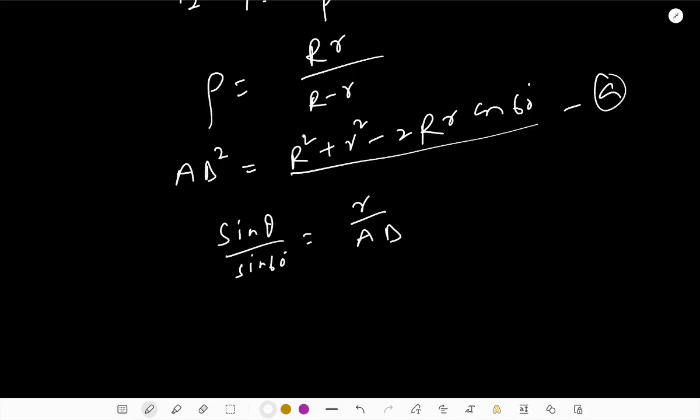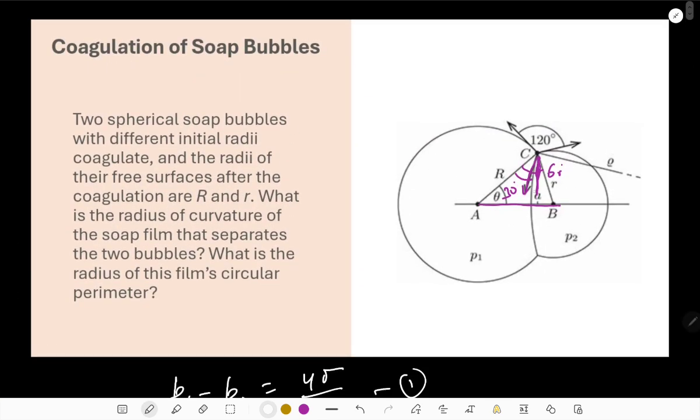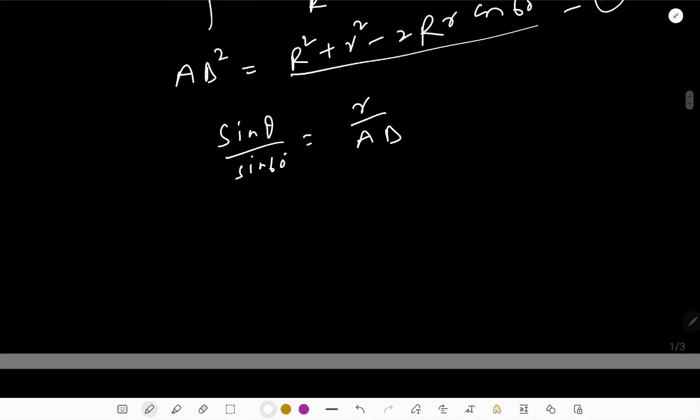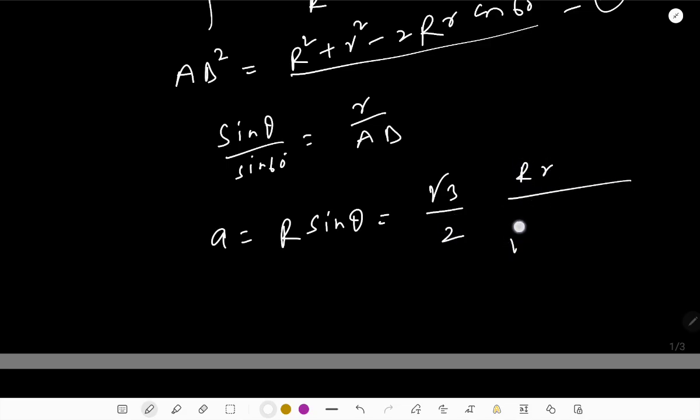After getting sine theta, you can simply write a, the radius of this separating soap layer, is r sine theta. So you get the value of a like this: root 3 by 2 times Rr divided by the square root of R square plus r square minus Rr.